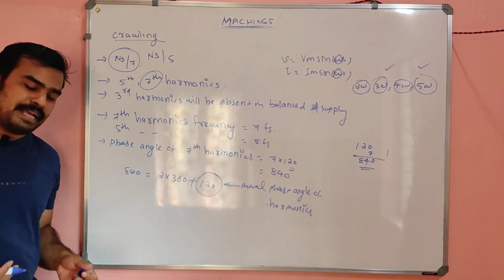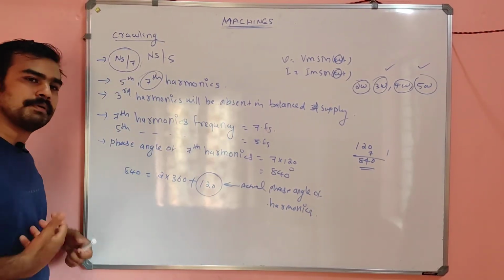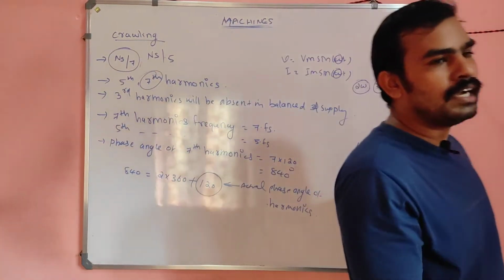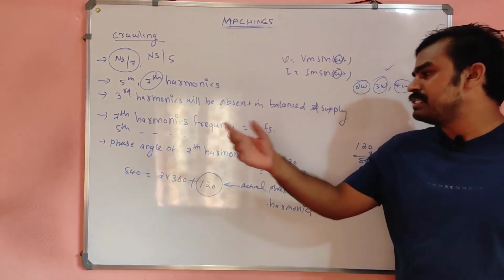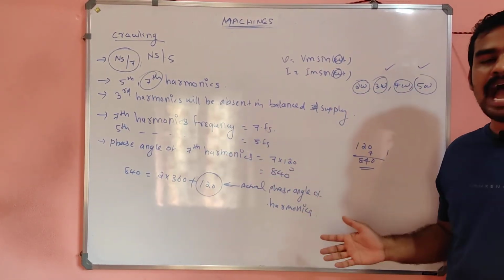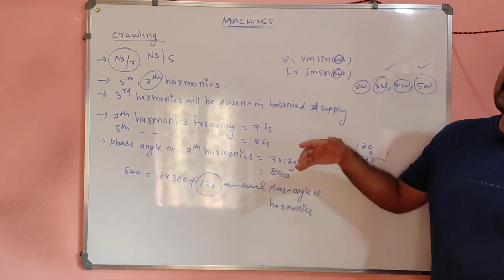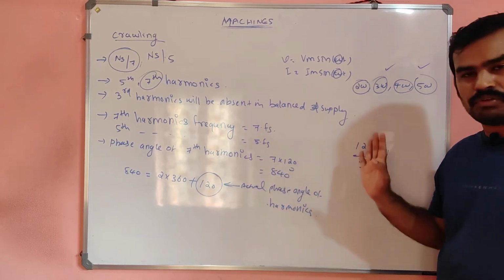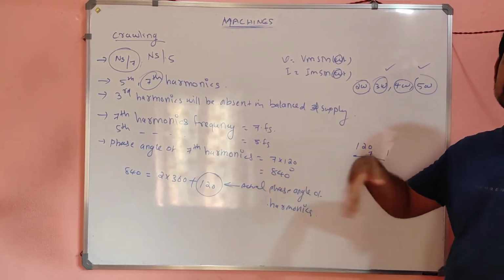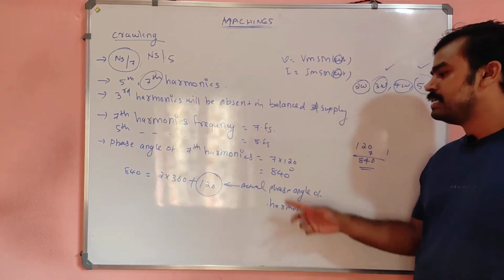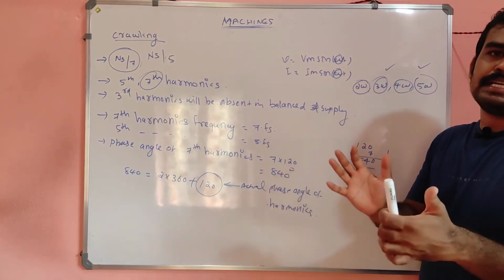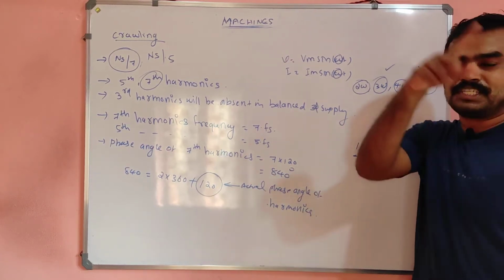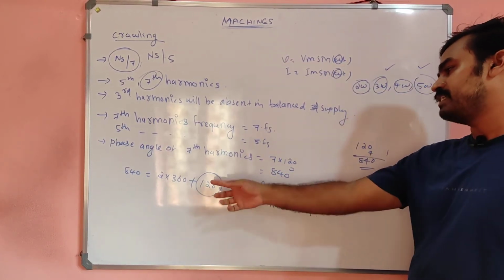These questions will not be asked, but anyway we have to take precautions. If someone asks what the phase angle of the fifth harmonic is, simply multiply 5 into 120. This comes from a long derivation, but we don't need that. We just need this shortcut to find the 7th and 5th harmonic phase angles: multiply, and make it a multiple of 360, because 360 is the complete rotation, plus something.